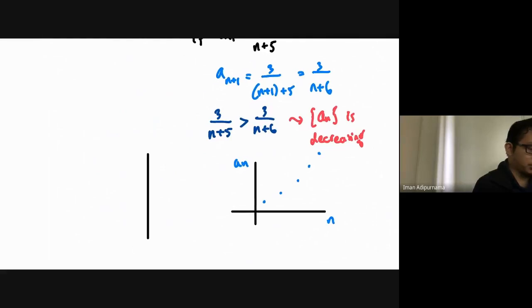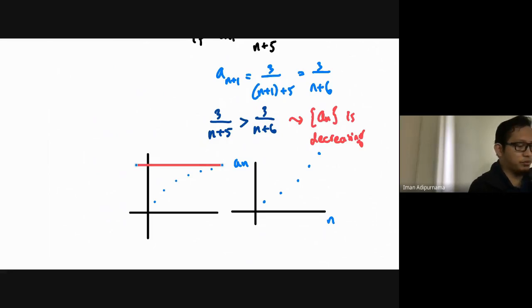What we did before is something like this. You can imagine there is a line here, and the value of this line will be approached by the value of a_n.